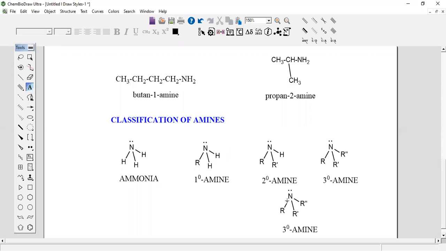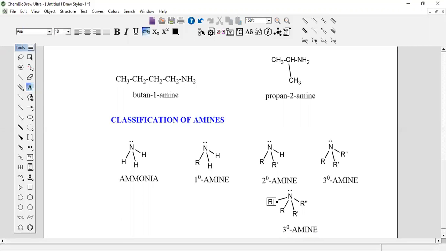Now what happens, because the tertiary amine still has a lone pair of electrons, it also acts as a base, and it will form one more bond, attached with one more alkyl group.